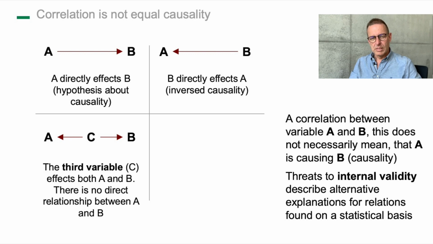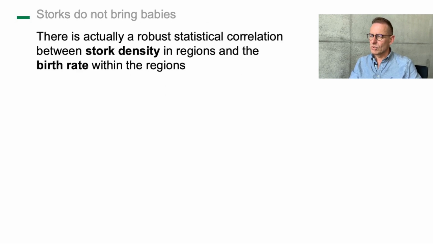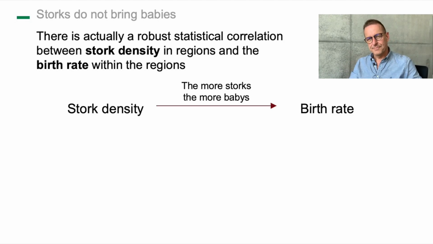Okay, so we really know that there is a high correlation, really. So the more storks there are, the more children are born, really. So that absolutely supports the hypothesis that the storks bring the babies, right? So it's really true. Really, it's true.